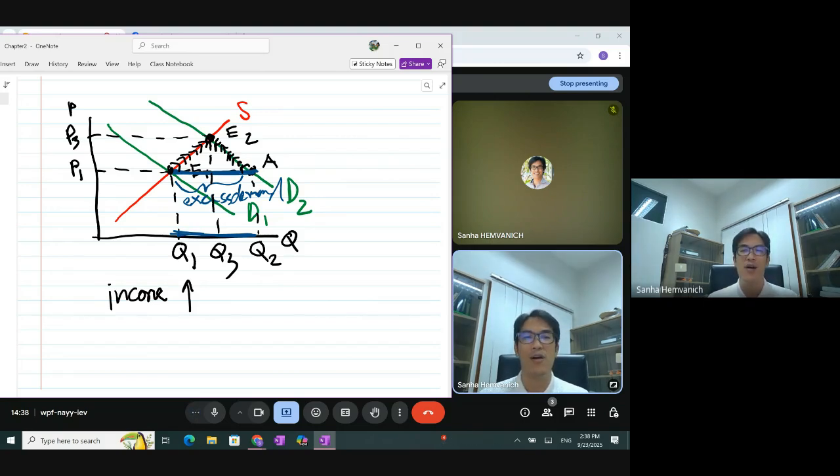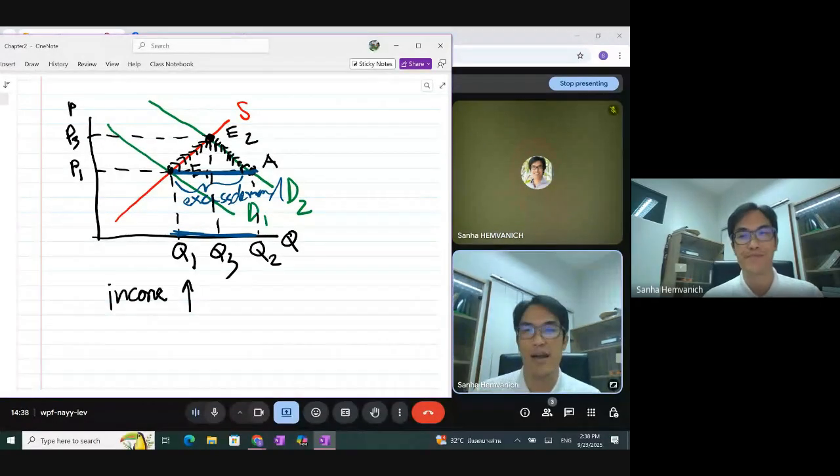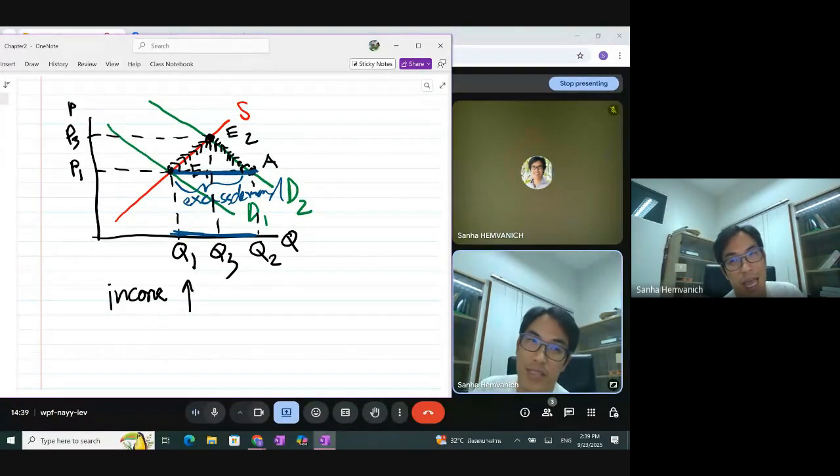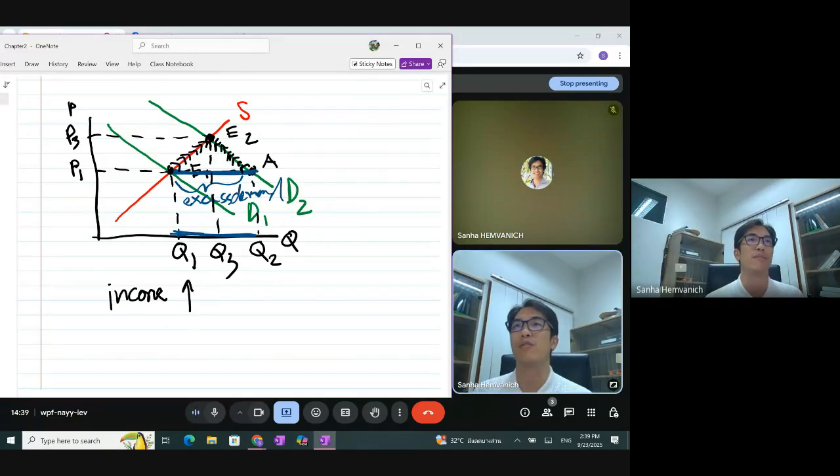Assume that now there's new technology in the factory, so with the same amount of raw materials, it can produce more goods. So that's supply going to shift. So you can try to shift the supply and find the equilibrium. Okay, I hope that this helped you to understand the basic things, how we move from the old to the new equilibrium.